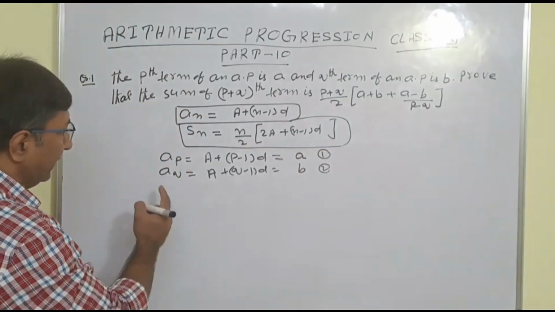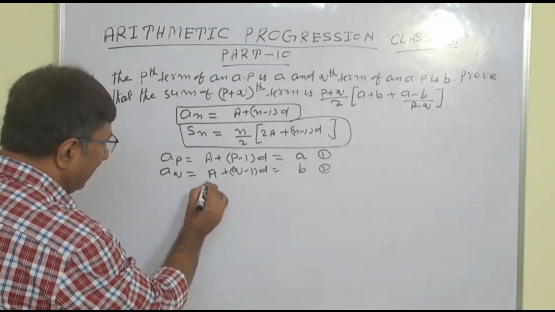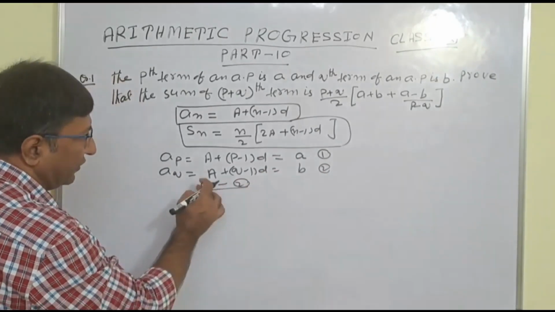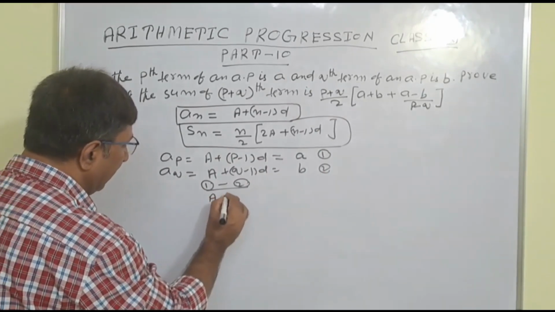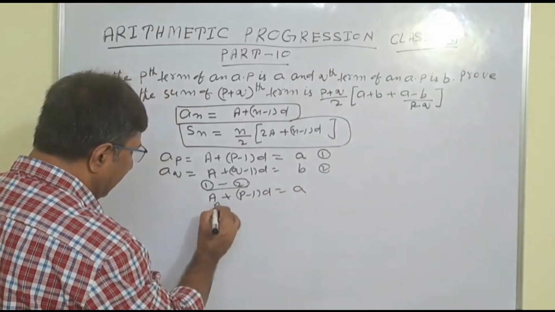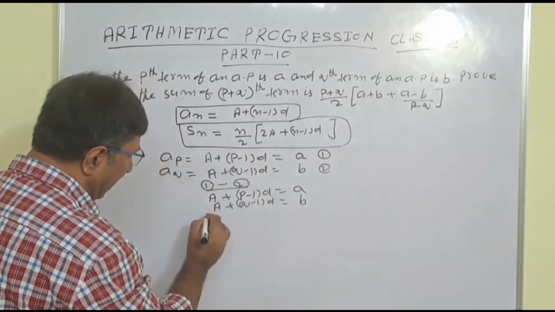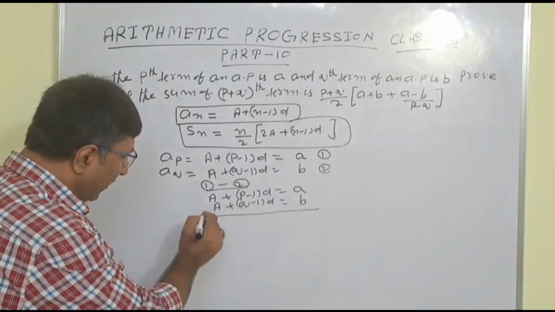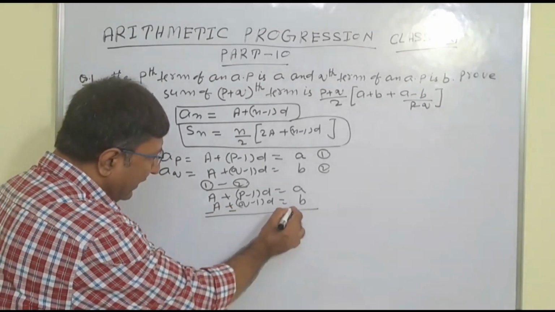Okay. Now you see, if we subtract the second from the first, that is equation first minus equation second, what do we get? a plus (p minus 1) d equals a, and a plus (q minus 1) d equals b. Now if you subtract the equations, the sign will change. So here it will be minus, here plus, so minus, and again here minus.